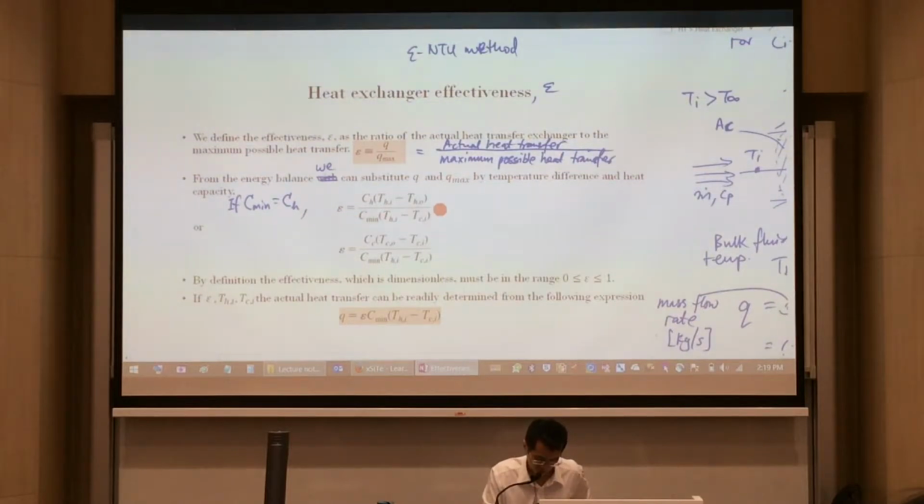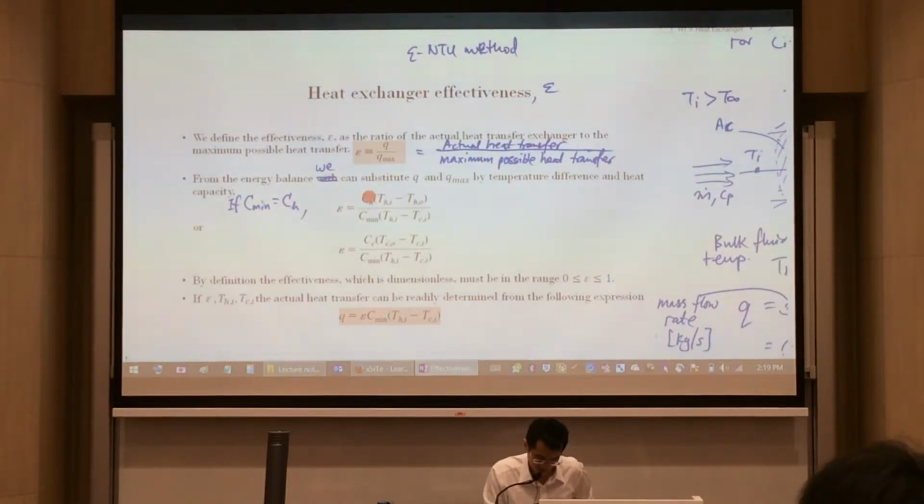Then we look at this effectiveness, which is the actual heat transfer divided by the maximum possible heat transfer. Now this maximum possible heat transfer is what we have seen already, right? That is your Qmax. This part over here refers to when we are looking at the hot fluid flow. How do I know that?